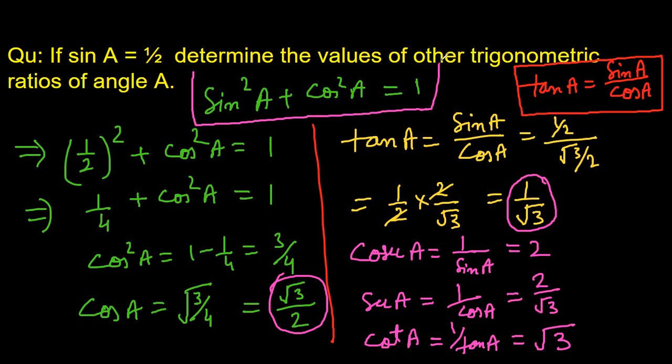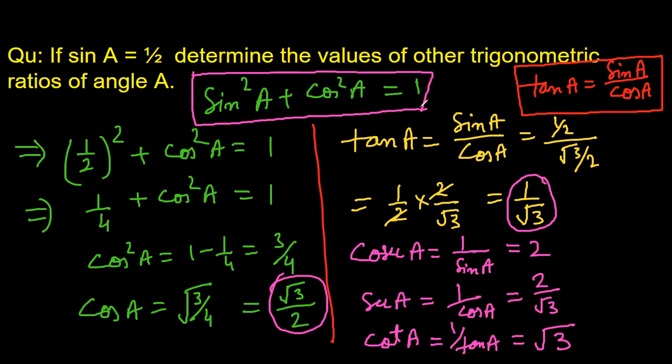One is written right here. Sine square A plus cos square A is equal to 1, which is used in this question. You can use whichever is applicable in a particular question, as per the given trigonometric ratio.